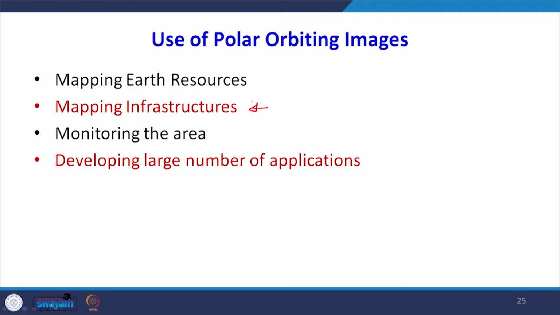Now, what are the uses of the polar orbiting images? We are using them for mapping the earth resources. This is the very popular application which has been used worldwide by the maximum number of people to carry out resource mapping with the help of these polar orbiting satellites at different scales. Mapping the infrastructure. So, we can map the infrastructure because we can see that infrastructure now from a better resolution satellite data.